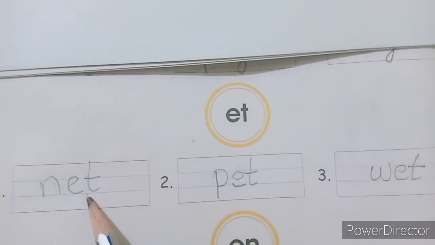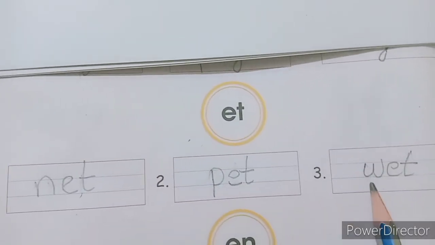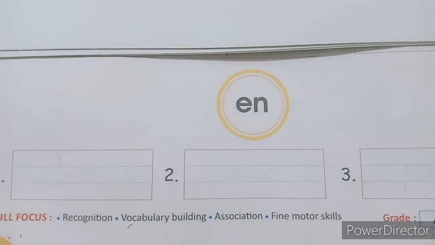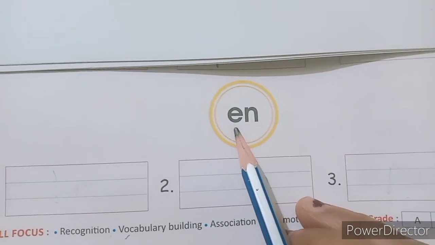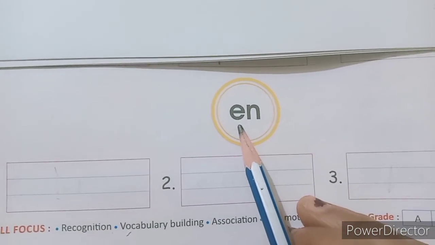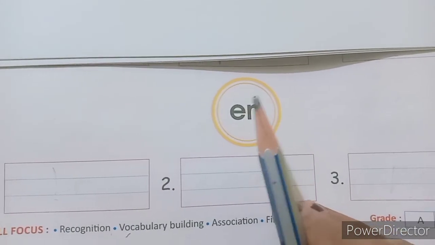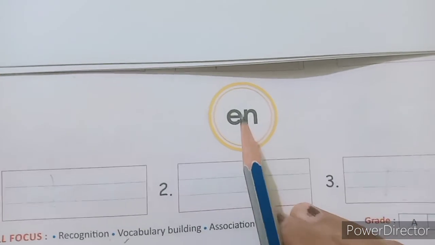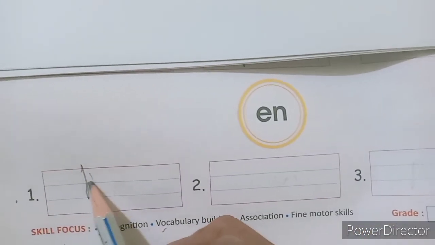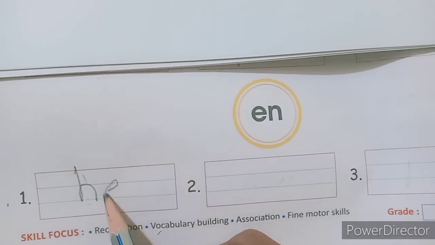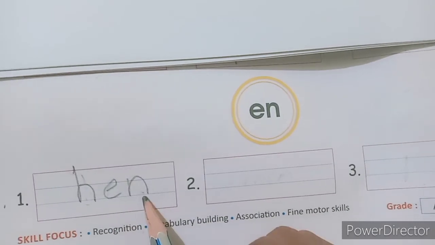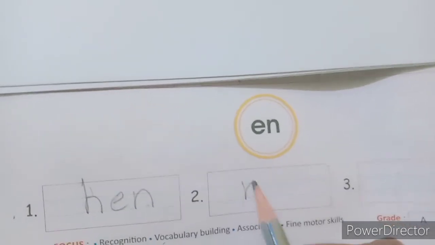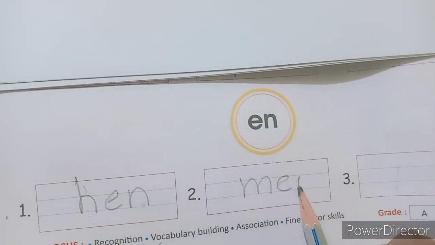Okay, adding one more alphabet. Yes, dear kids, net, pet and W-E-T, wet. Now here, in the same way, you have to add one more alphabet, that is, H-E-N, hen.